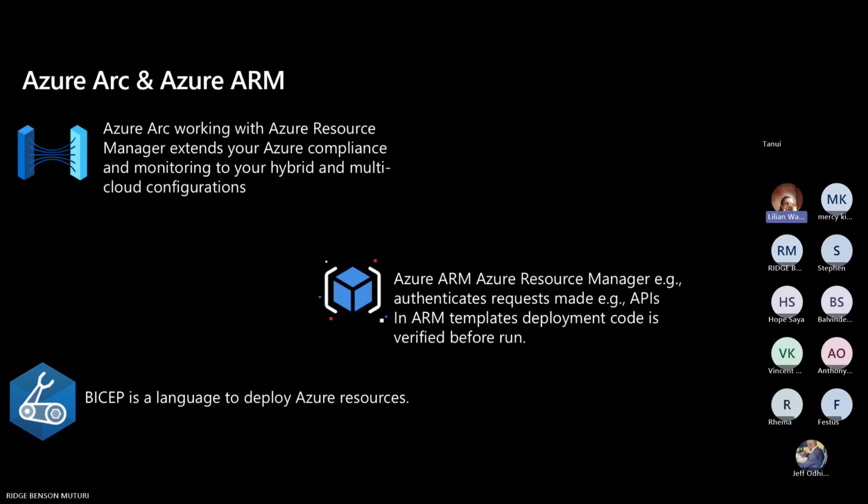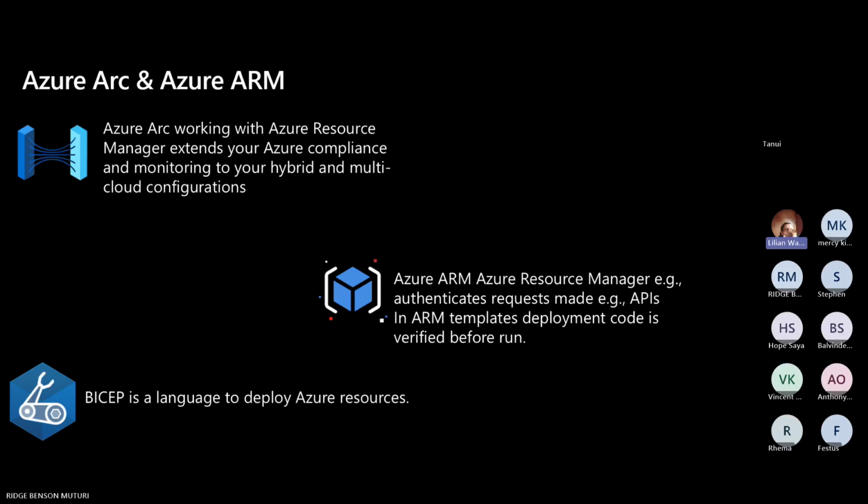ARM checks the code you are using, maybe the APIs you have. It's like a resource manager. That's the difference between Arc and ARM. And then Bicep is a totally different thing. It's a language that is used to deploy and manage the resources you have in Azure.